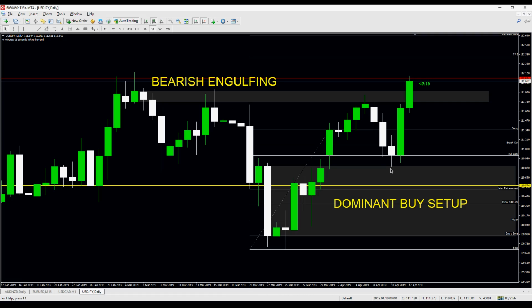Okay, so when the market actually went back, as you can see, it's on the pullback level. So pullback level is usually where there is a point of entry for buy or sell on the Fibonacci. Alright, and this area here is actually the base, or the best zone for the entry for buy.